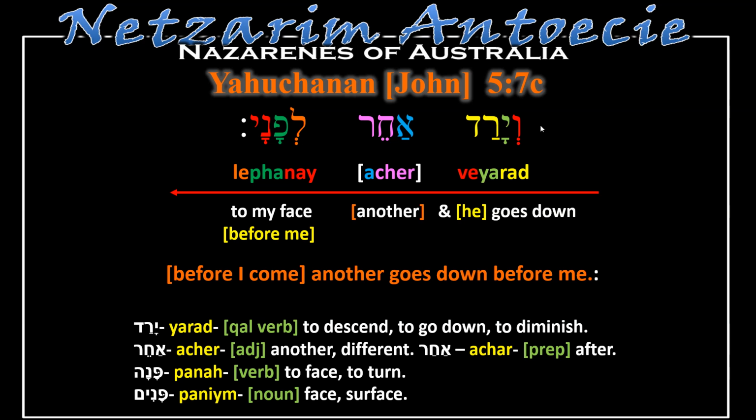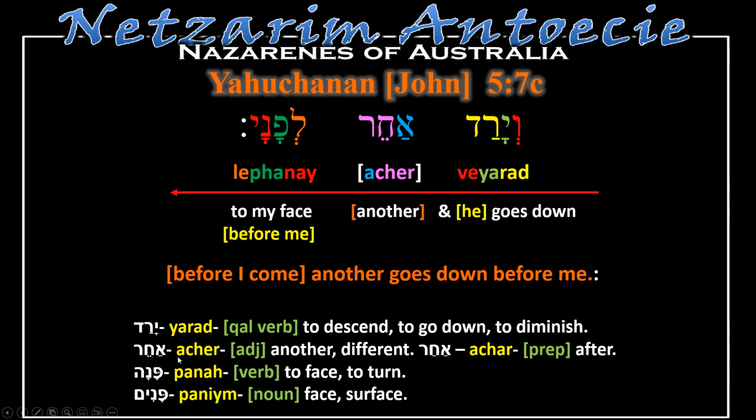And now we come to 7c. We have a vav, yod, resh, dalet, aleph, chet, resh, lamed, fe, nun, yod. And we read it. Ve'yarad, and he goes down. If we look at yarad, it's a kal verb to descend, to go down, even to diminish. And he goes down. Acher, meaning another.